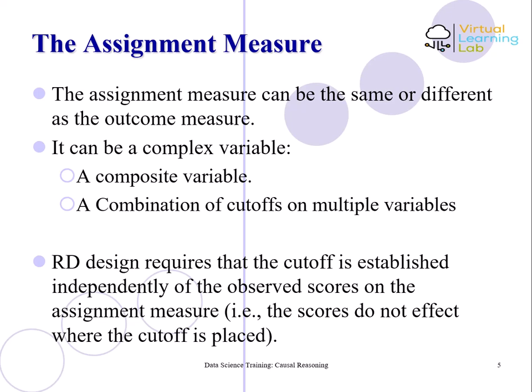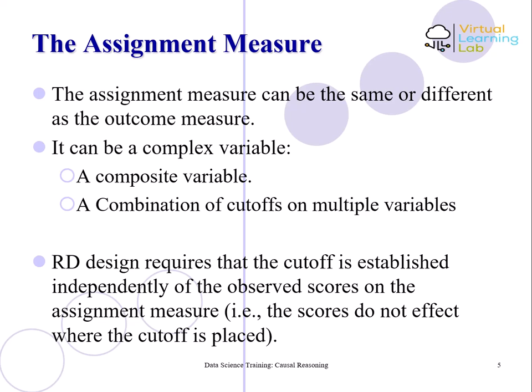It requires an assignment measure. It does not need to be the same as the outcome measure. It can be a complex variable created by combining multiple measures. It can be several cutoffs where individuals are eligible if they meet this criterion and this criterion and that criterion.